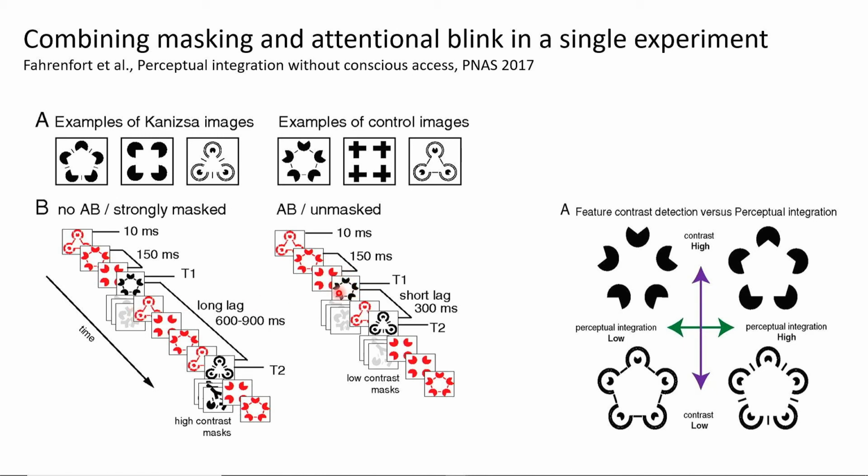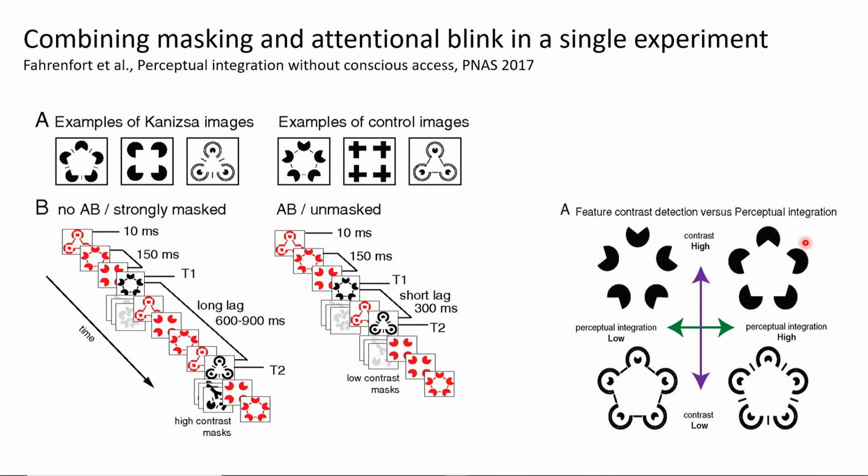So you have a stimulus that's not masked, so it's clearly visible in itself, but then it's followed by another target, and if there's a short lag, you don't notice the second target. So it's attentional blink.